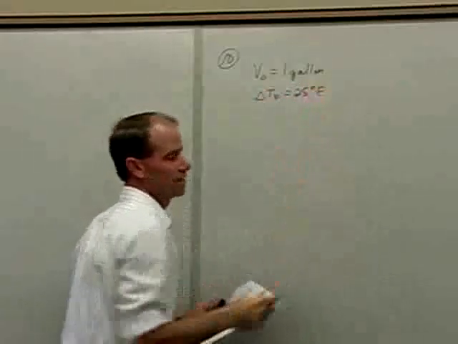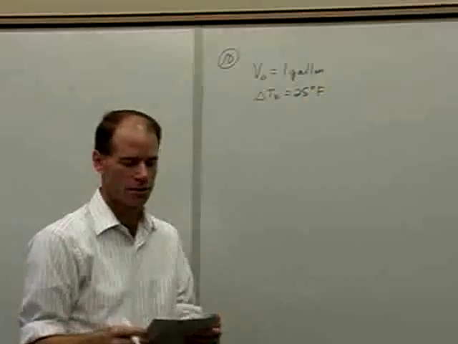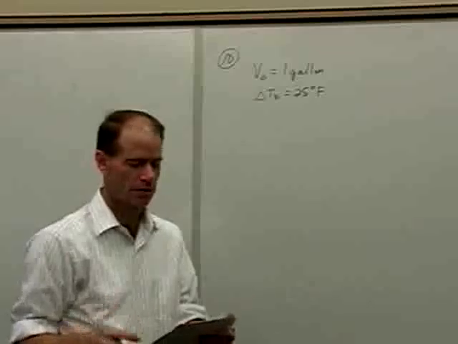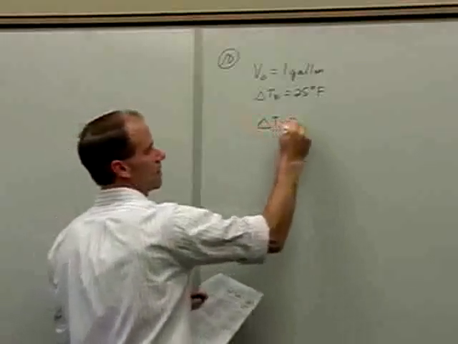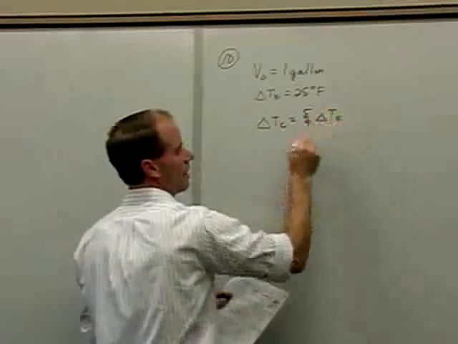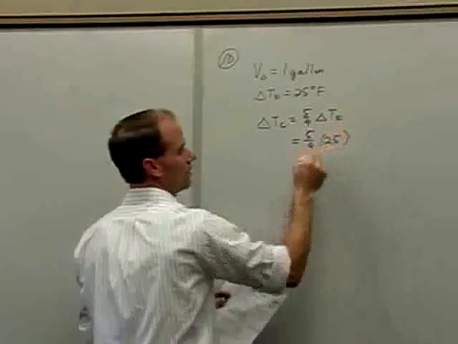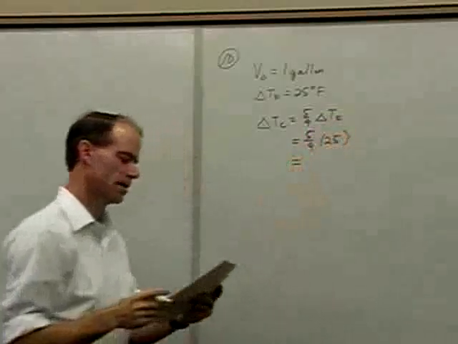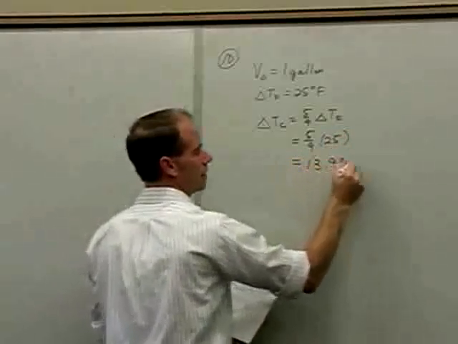Let's immediately change that to Celsius, because our expansion coefficient is per degree Celsius. So our change in temperature in Celsius is 5/9 times our change in temperature in Fahrenheit, so it'll be 5/9 times 25. And that gives us 13.9 degrees Celsius.